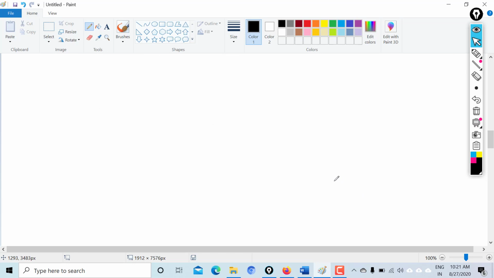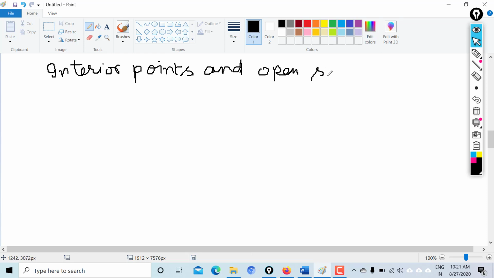Interior points and open set. What are interior points and what is an open set?